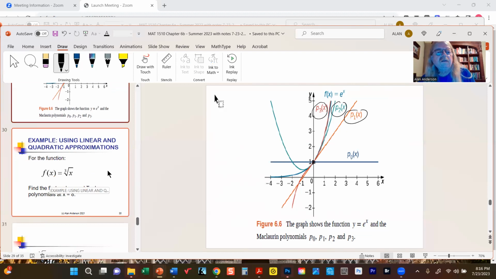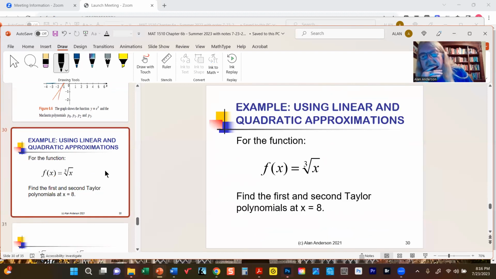Now, this is what I was alluding to earlier. Often in practice, we only really need a linear and a quadratic approximation to do a good job of approximating a function. So let's just say we're looking at the cube root of x.